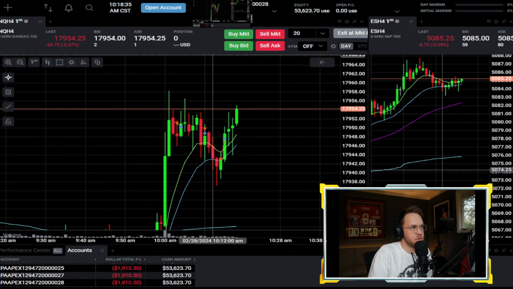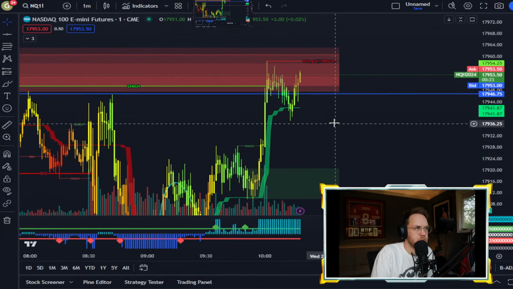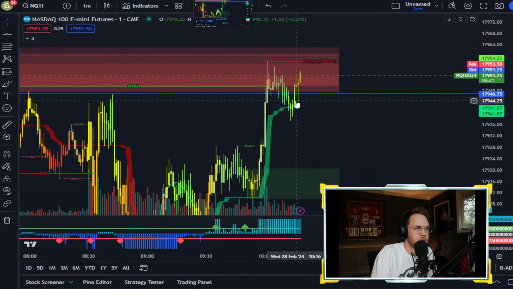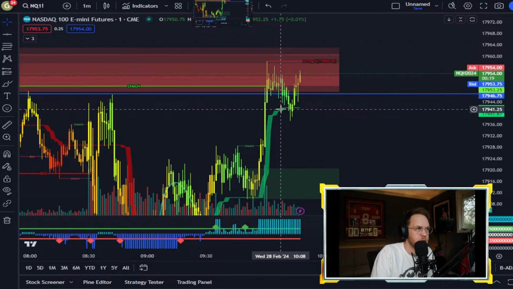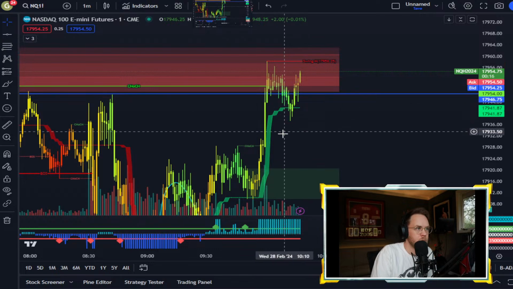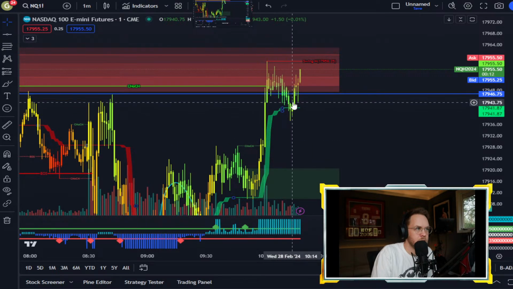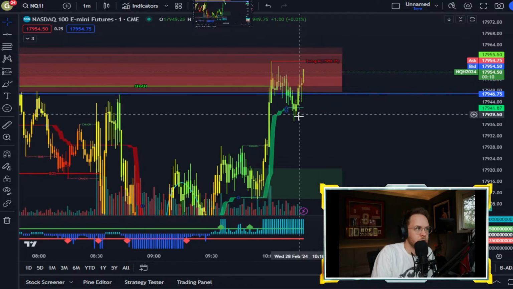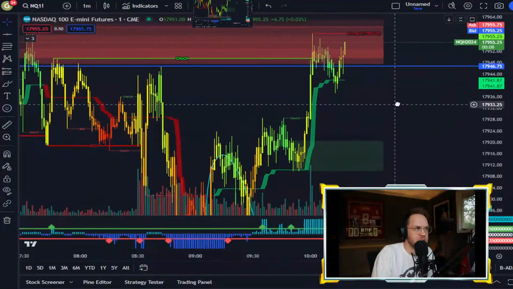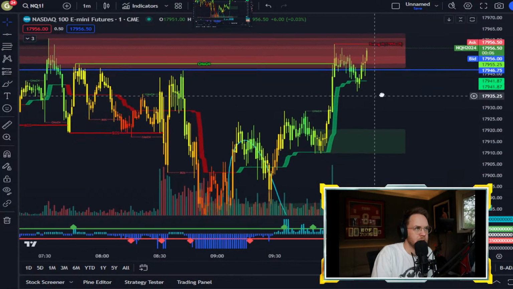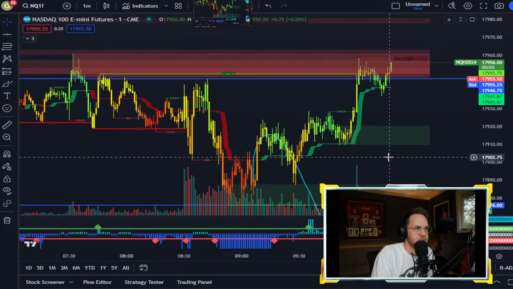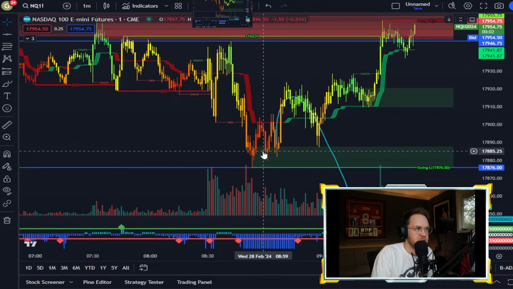On my TradingView chart, I don't use the same color system. On TradingView, basically the color is based on the trend at the moment. So you can see here, downtrend.